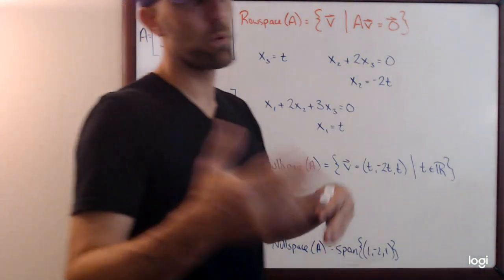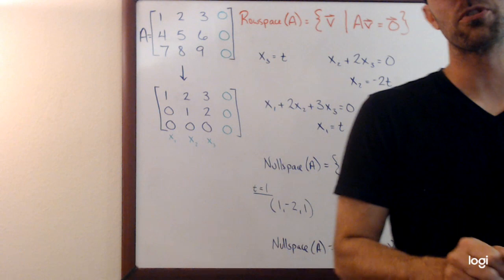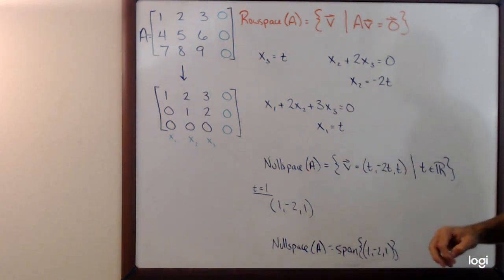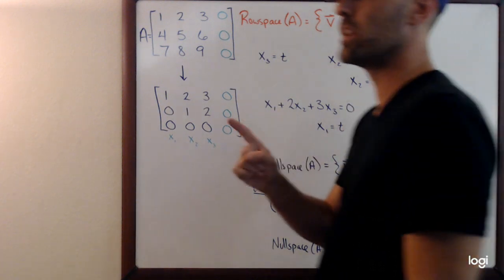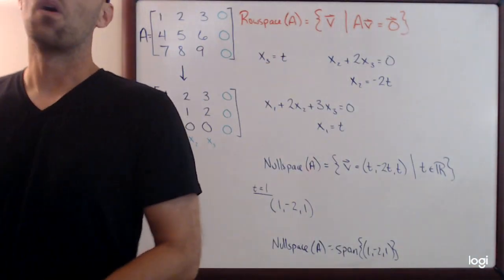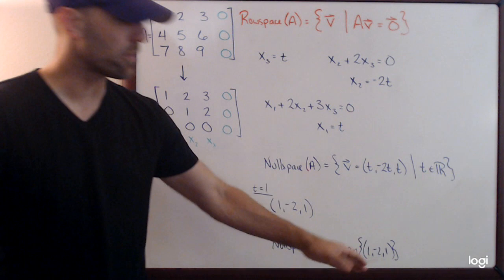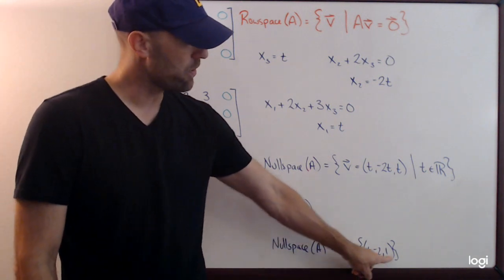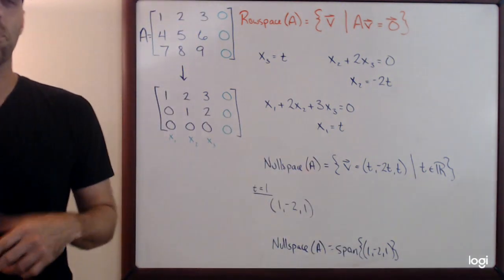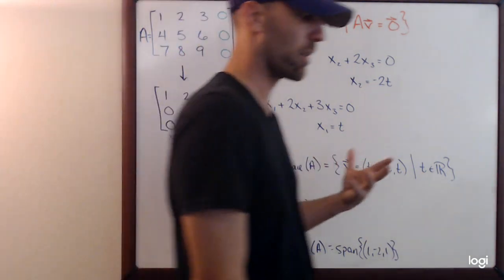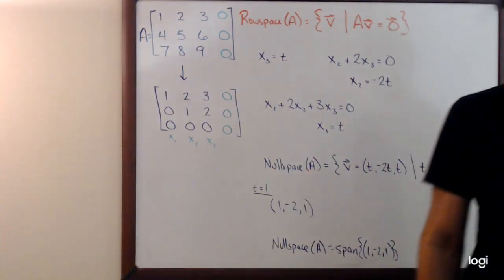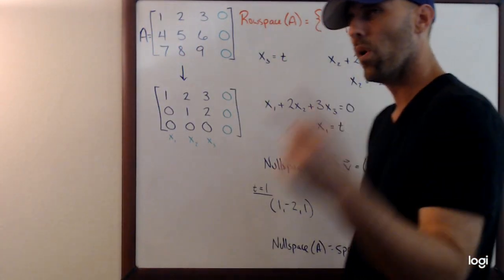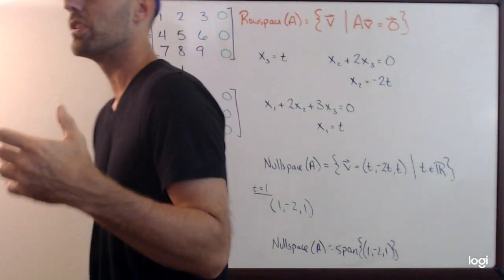Now, of course, it's beneficial to look at the geometry a little bit. Again, there's one element in this basis, so that's one-dimensional. Okay, where does it live? Well, look at the vector itself. It's got 1, 2, 3 components. They're comprised of real numbers. It lives in R3. So what is the null space? The null space is a one-dimensional space which lives in R3.